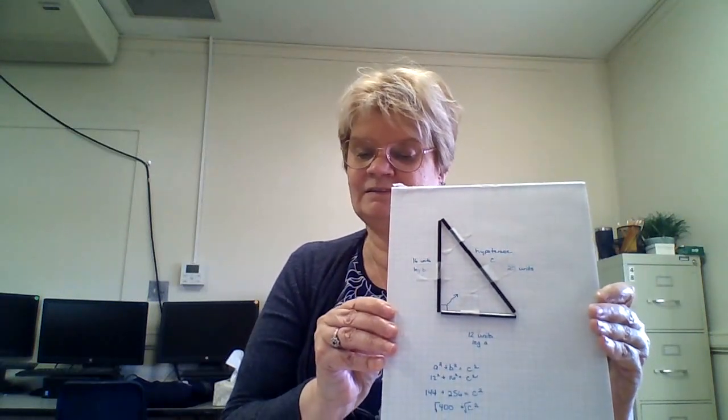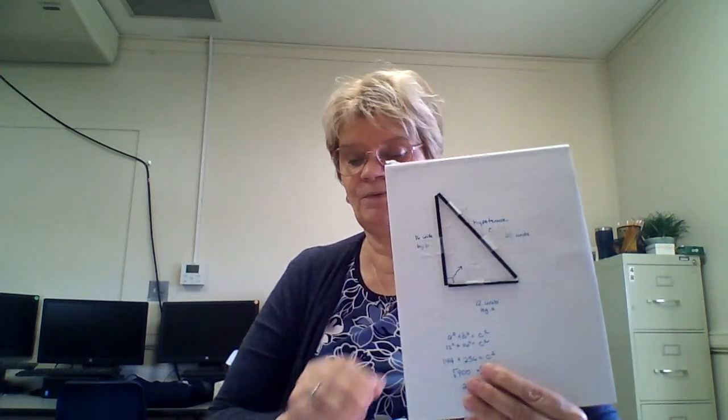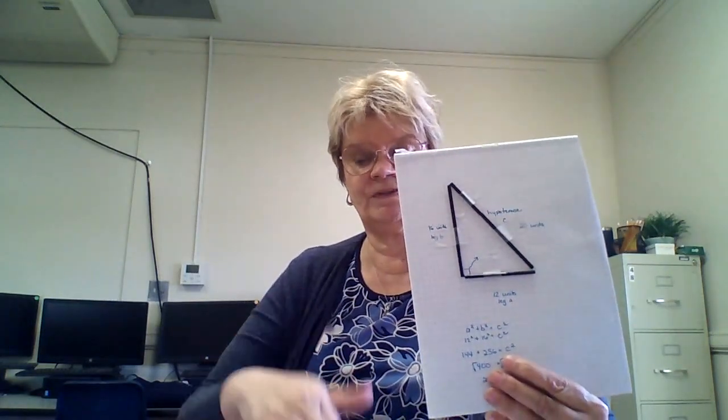And because not all the straws will make a right triangle, they are more than welcome to share with their partners or within their small groups and trade straws, or they may piece together straws to get what they need. And they'll be encouraged to try different measurements on their own. They again will label everything and use the formula and work it out to show that they understand the Pythagorean theorem.